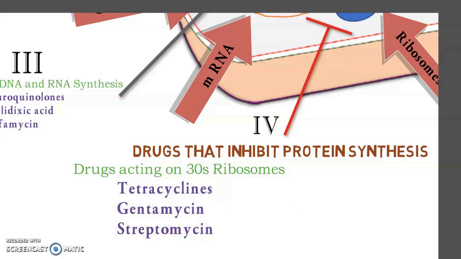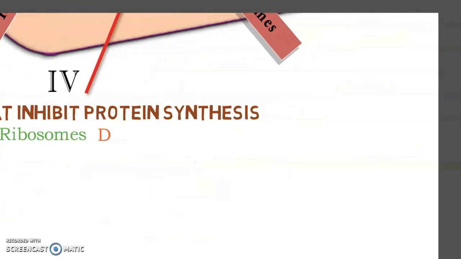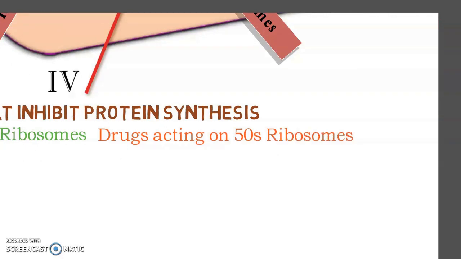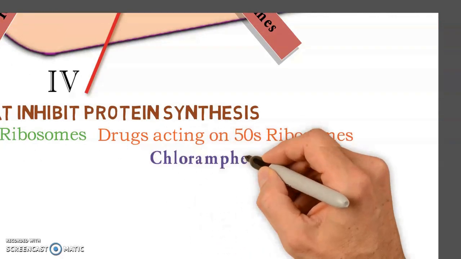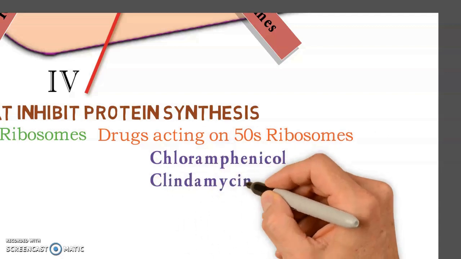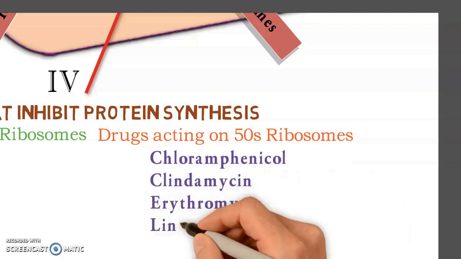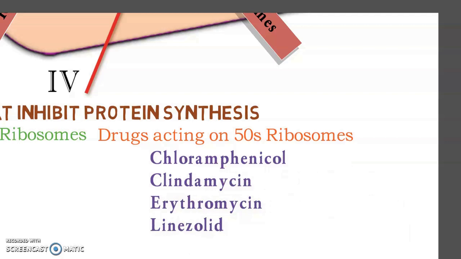Gentamicin and streptomycin belong to aminoglycosides. The next subcategory includes drugs acting on 50S ribosomes, which include the examples of chloramphenicol, clindamycin, erythromycin, and linezolid. Clindamycin and erythromycin are classified under macrolide antibiotics.